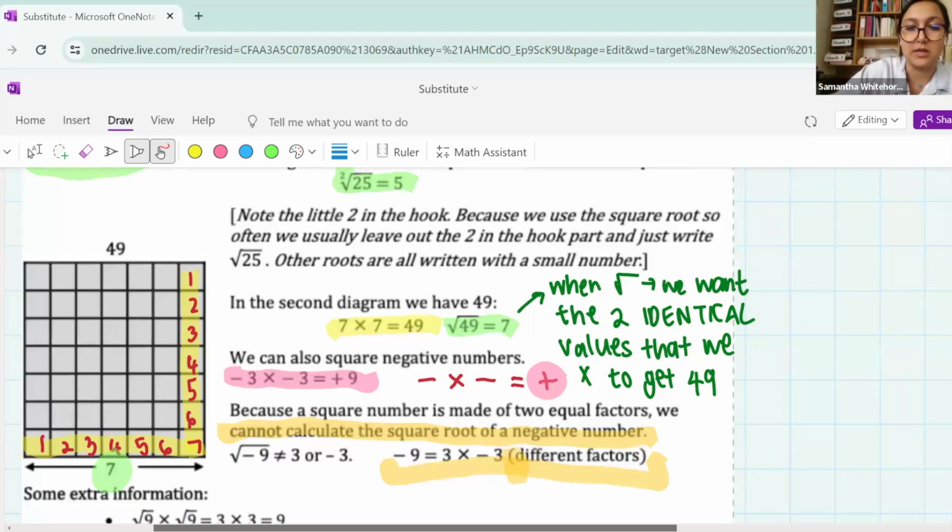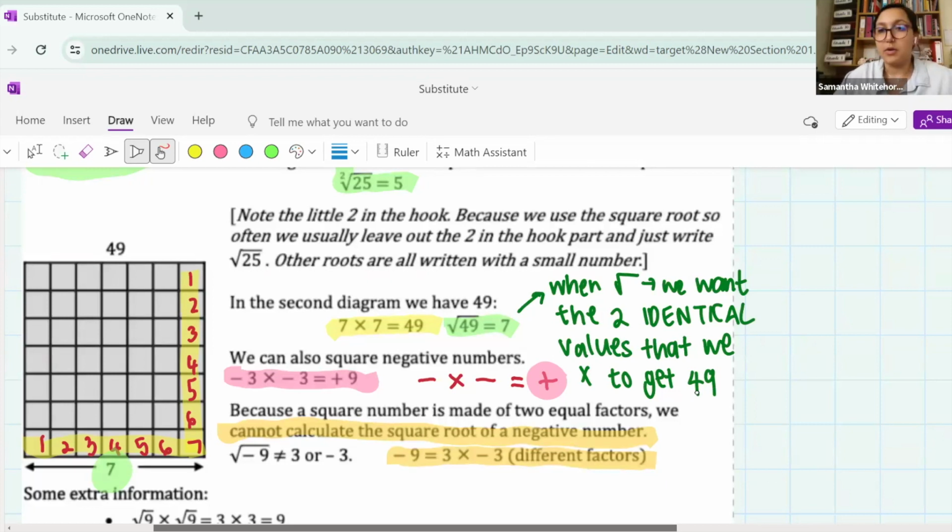So that's what this is saying down here. This is a really bad highlighting job that I've done here. Let's attend to that situation again. So -9, hello. Goodness gracious. -9 is found by saying +3 times -3. Those are not identical values, and so we cannot find the square root of a negative.